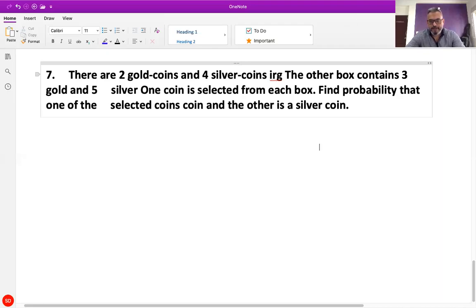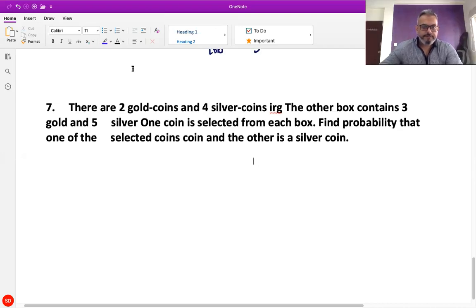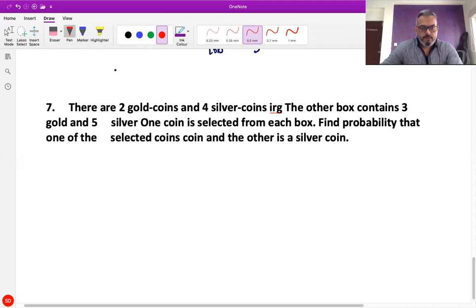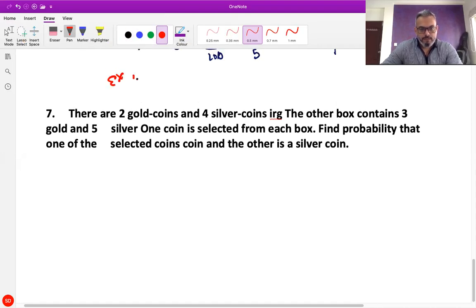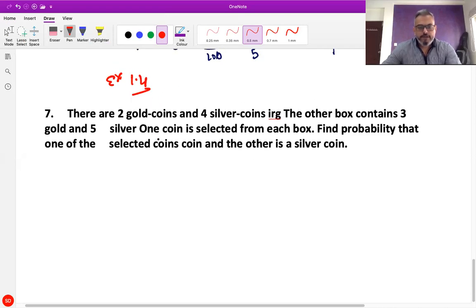So now exercise 1.4, we will be doing question number 7. There are 2 gold coins and 4 silver coins in a box.